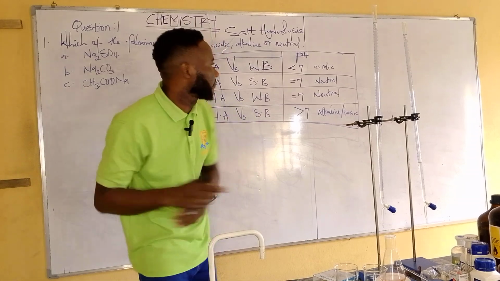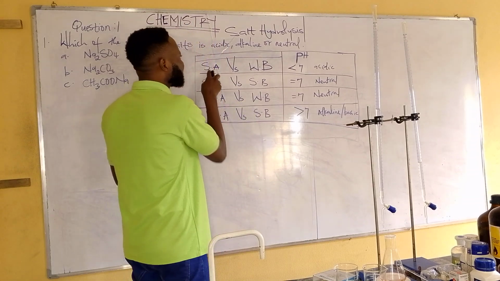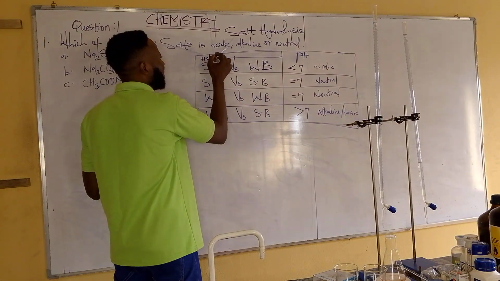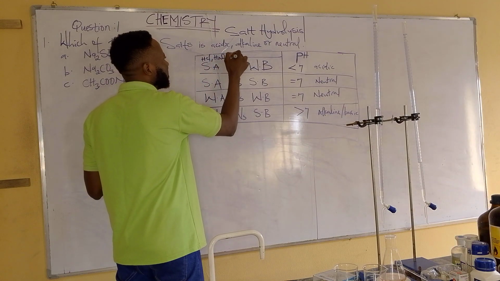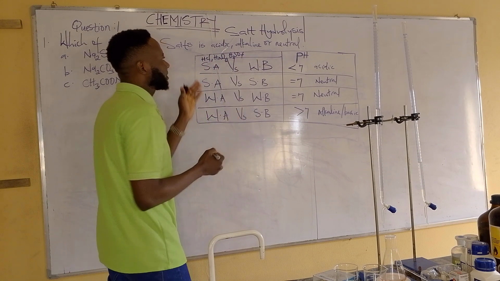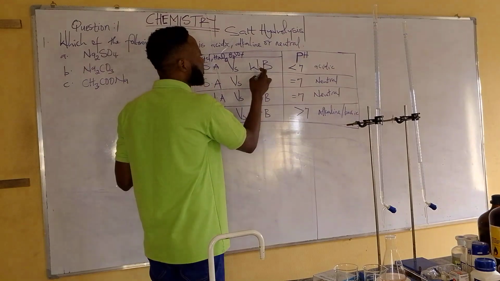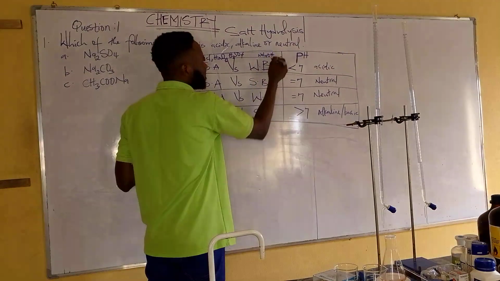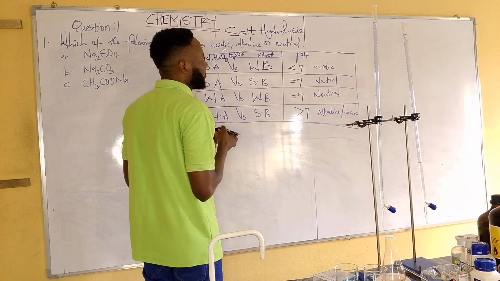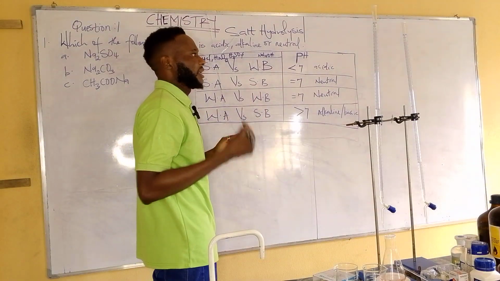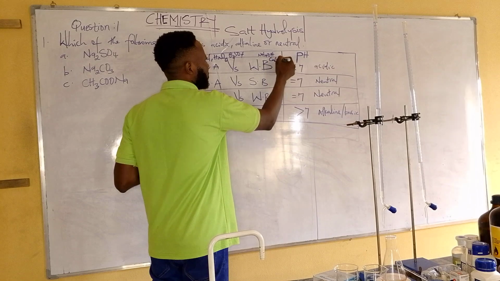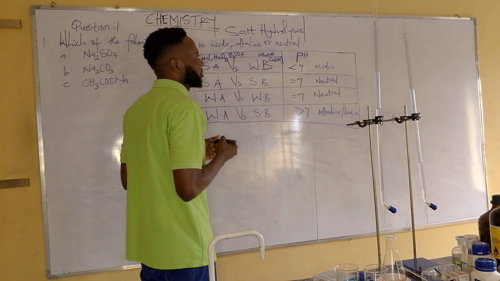It is alkaline. Examples of strong acids: we have HCl, HNO3, H2SO4. These are strong acids. Then weak bases, we have ammonium hydroxide. It's a weak base. We also have group 2 hydroxides, such as calcium hydroxide, Ca(OH)2.